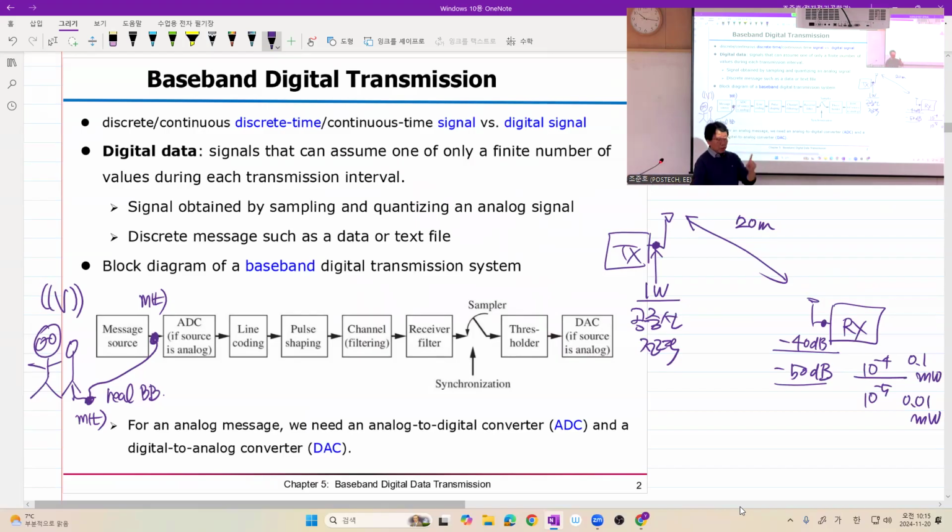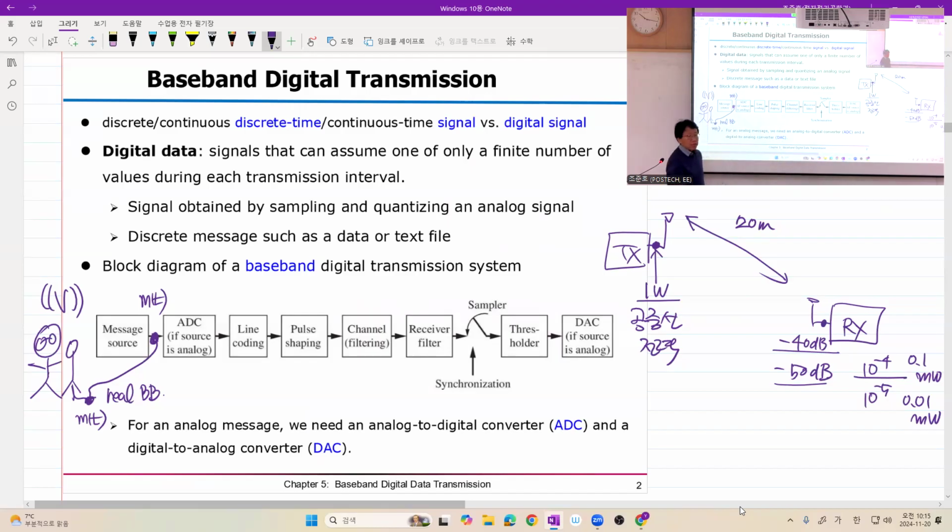Why? Because if this is the antenna, it radiates this 1 watt power in almost every direction. Not every, this direction is very small, but almost every direction horizontally. And your received signal just picks up the power around here, where your EM solver may translate this as some small size of aperture.